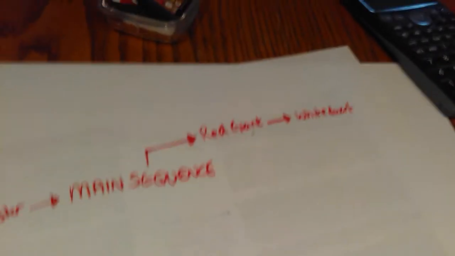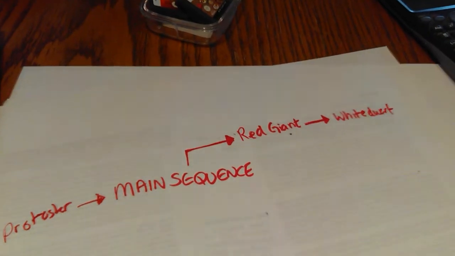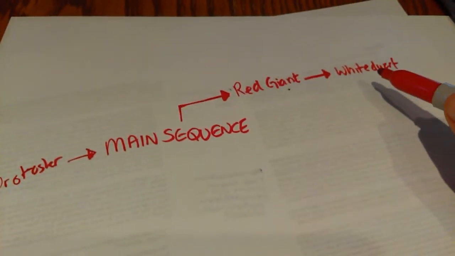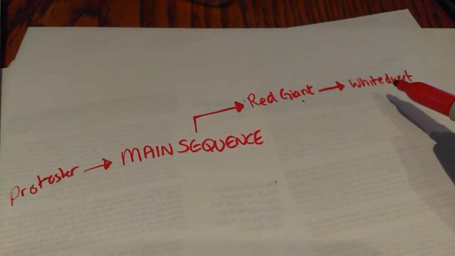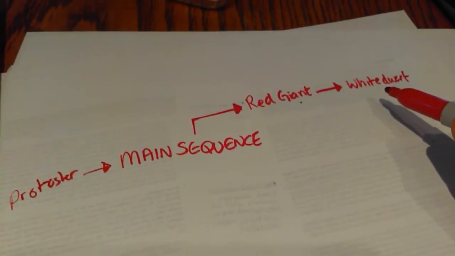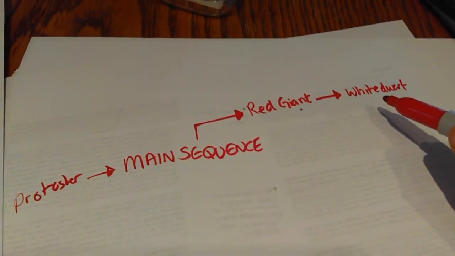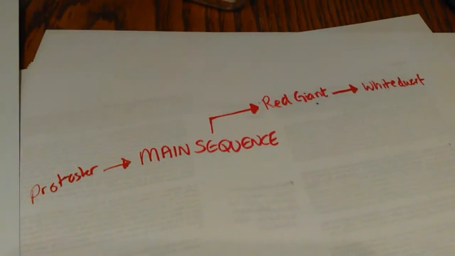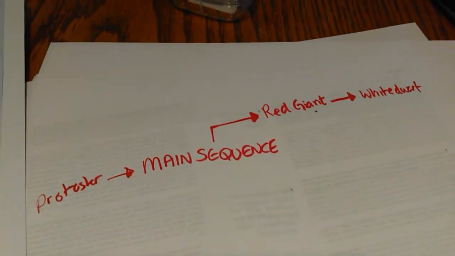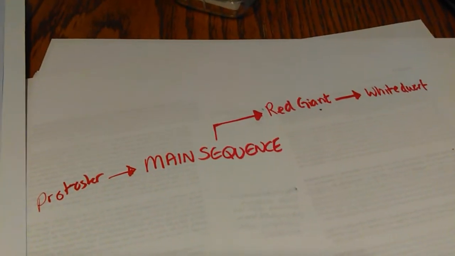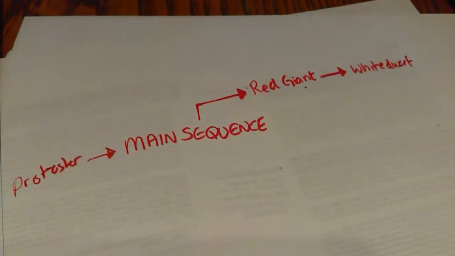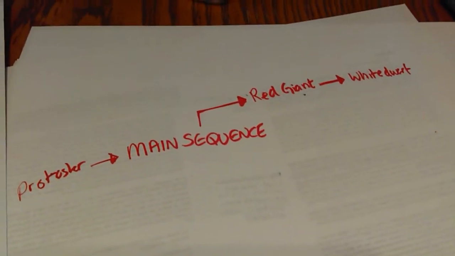Now, we've got this Chandrasekhar limit to think about. For the white dwarf to be stable, we've got electron degeneracy pressure keeping it stable. Luckily, you don't need to know too much about what that means, but basically it's to do with electrons being squished into a tiny, tiny place.